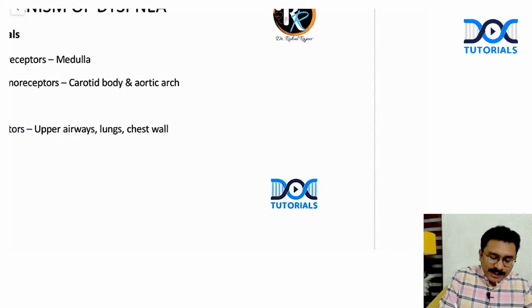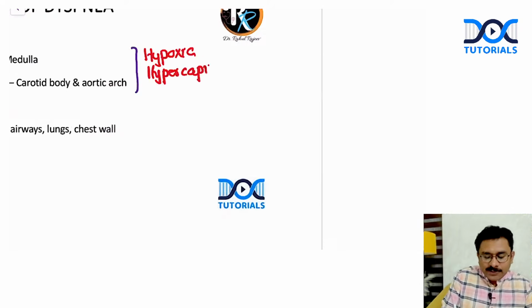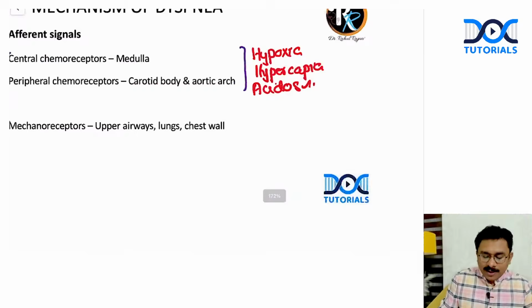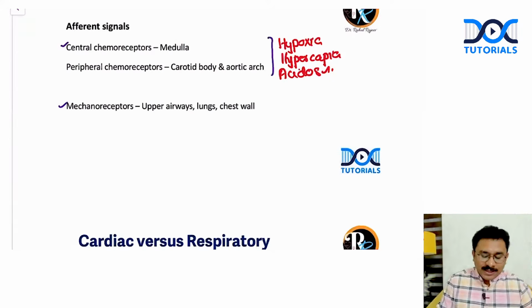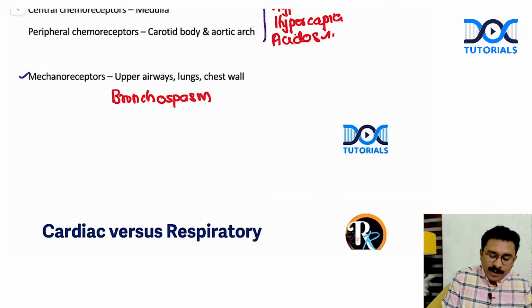Now, the central as well as the peripheral chemoreceptors are often activated when the patient has some sort of hypoxia, hypercapnia, and acidosis. So these are the triggers for the central as well as the peripheral chemoreceptors. Whereas the mechanoreceptors in the upper airways, lungs, and chest wall are actually triggered when you have a condition like, say, bronchospasm, foreign body, and even pulmonary congestion.